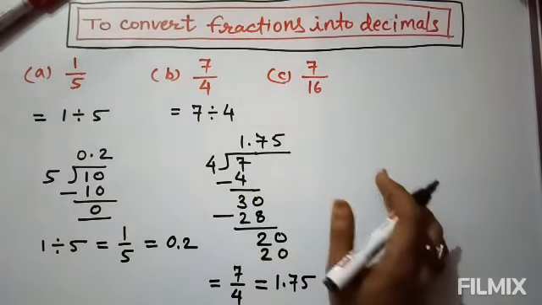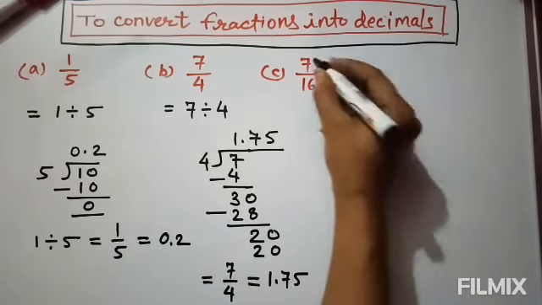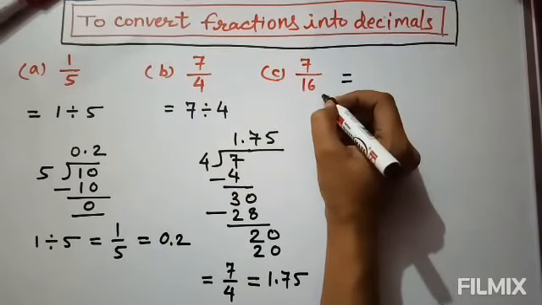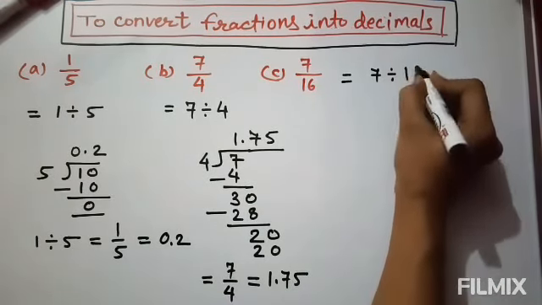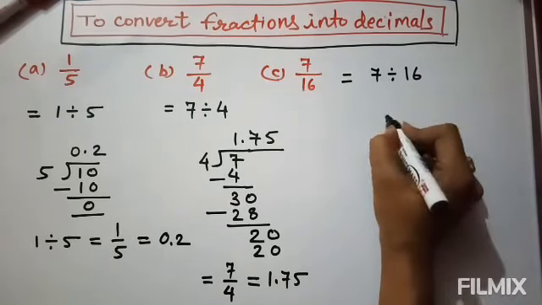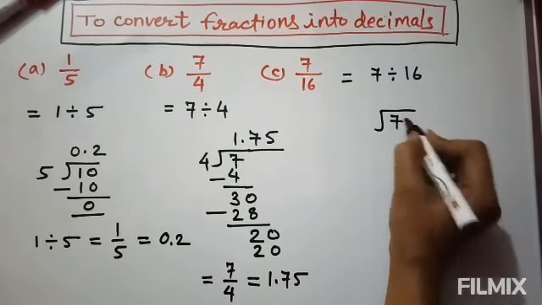Let's do another question, which is number 3. 7 upon 16. We will write it into the division form as 7 divided by 16 and divide using the long division method.